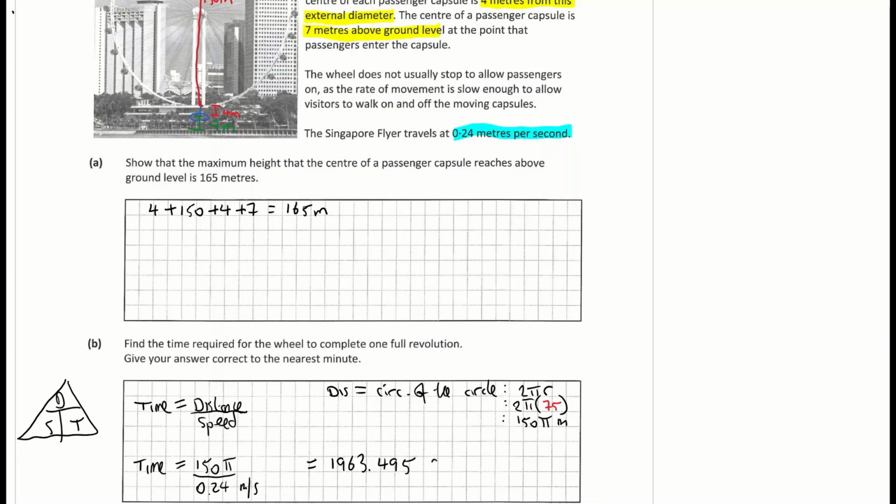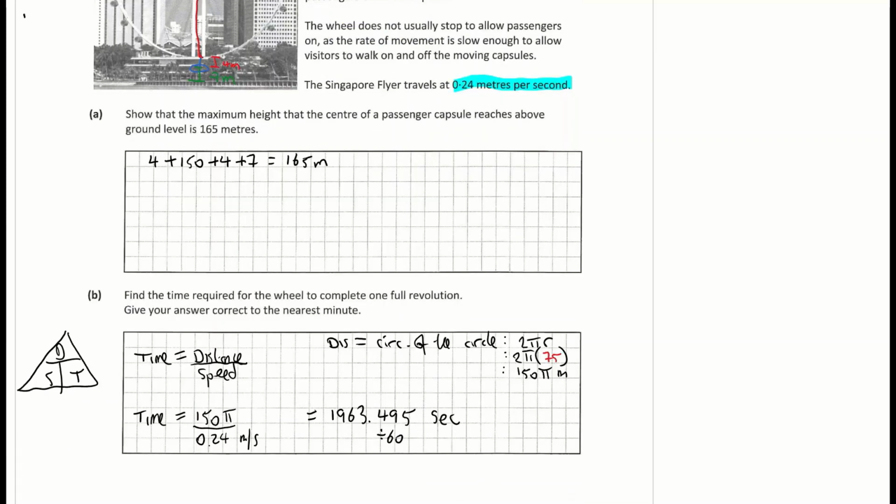And that's giving us it in seconds, because don't forget the speed of it is given in meters per second. And the question wants it in minutes, so I'm going to divide this by 60 to turn it into minutes, which is giving me 32.725 minutes, and the question wants it to the nearest minute, so therefore it is 33 minutes to complete a full revolution.